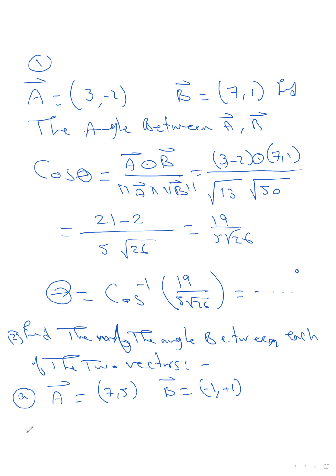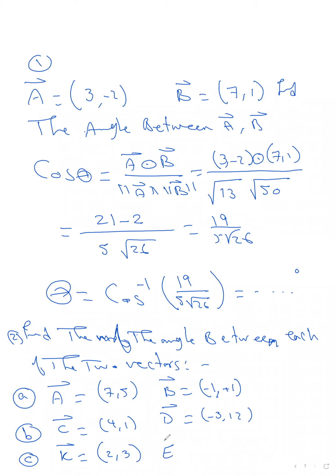Number B, vector C equals 4 and 1, vector D equals negative 3 and 12. Number C, vector K equals 2 and 3, vector E equals negative 4 and negative 6. Please find the angle between each of the two vectors given in this exercise.